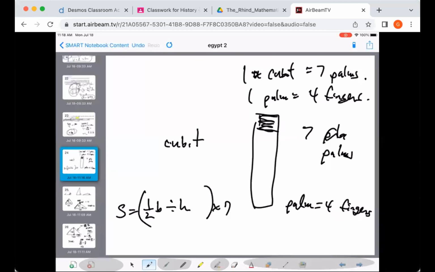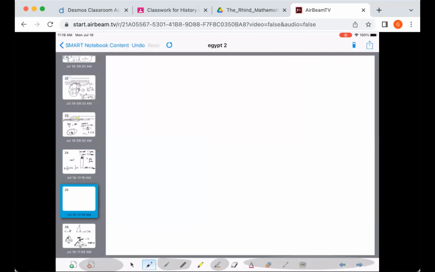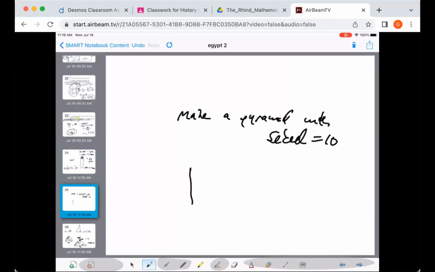Now with this, the thing about the seked is that if I told you make a pyramid with, you know, seked equals 10, what you would do is make your 7 palms with your hand, and then you would just use your palms to make 10 palms this way. So seked is measured in palms.